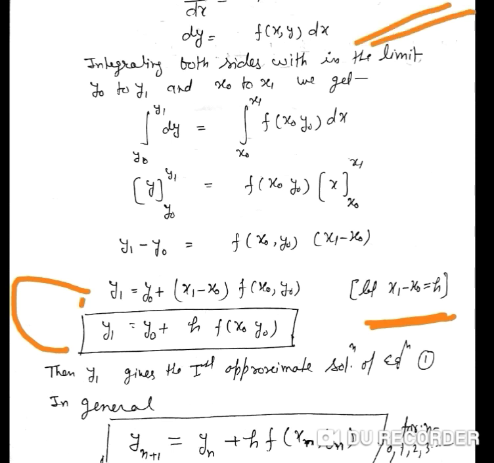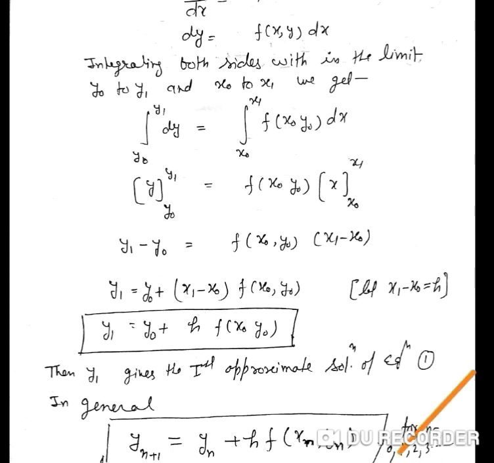So this value gives the first approximation solution of the given equation, and in general this can be reduced to the general formula: y(n+1) is equal to yn plus h f(xn,yn), where n is equal to 0, 1, 2, 3.